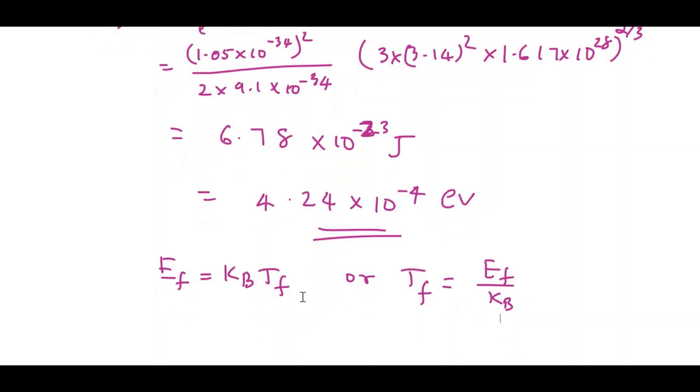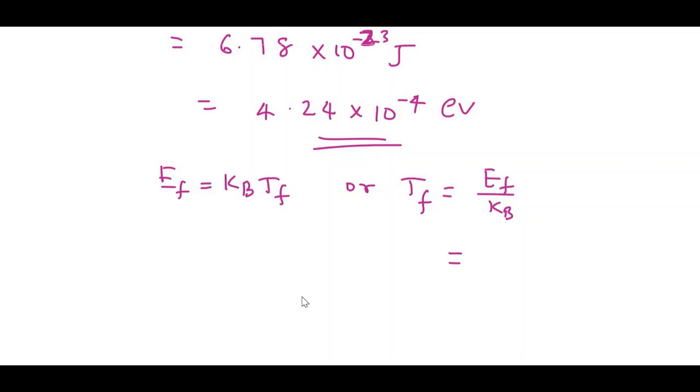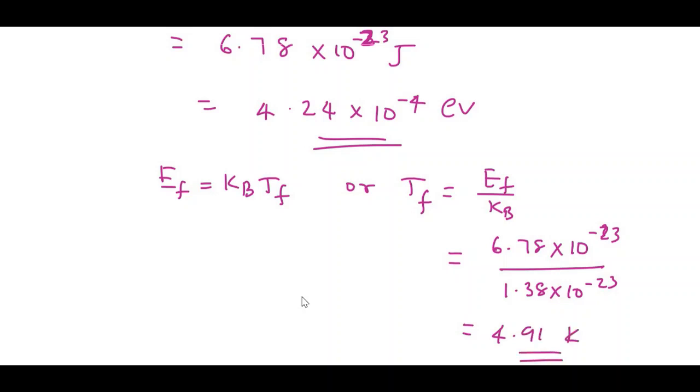EF we already know, 6.78 into 10 power minus 23 joule divided by KB. Value of KB is 1.38 into 10 power minus 23. So the answer becomes 4.91 Kelvin. So this is the Fermi temperature.